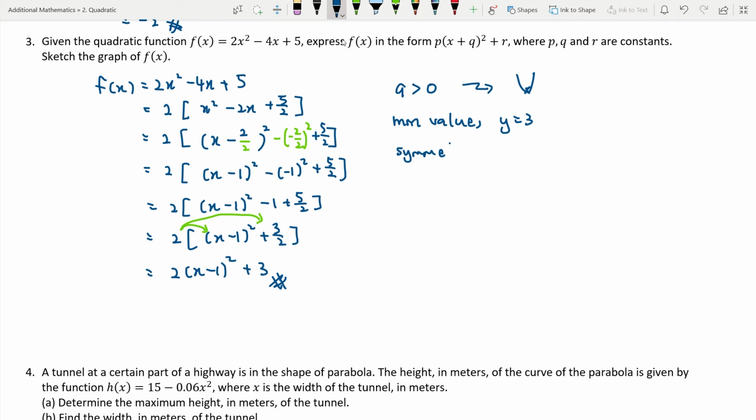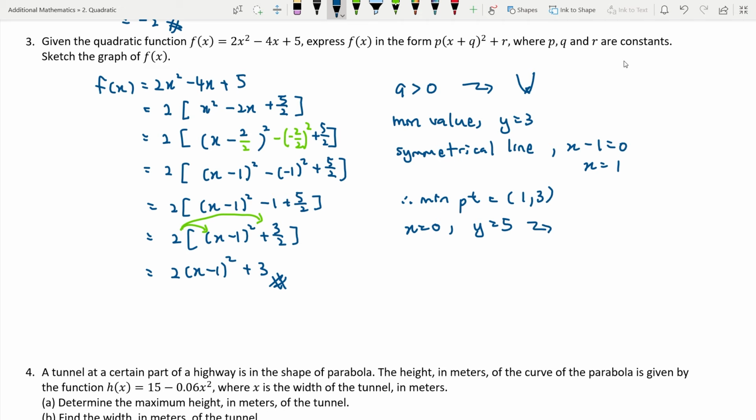The symmetrical line: x minus 1 is equal to 0, x is equal to 1. Therefore, the minimum point will be (1, 3). When x is equal to 0, our y is equal to 5. This is our y-intercept.